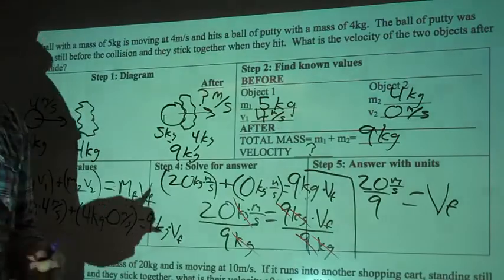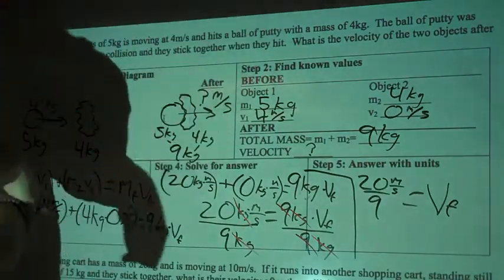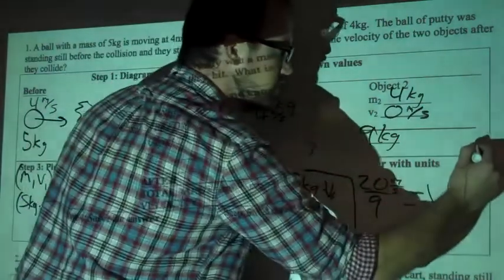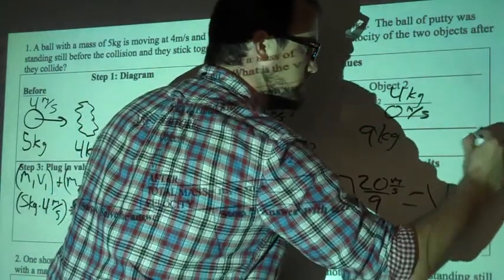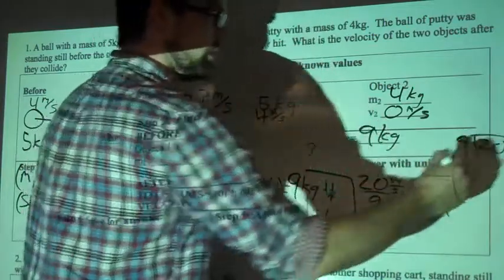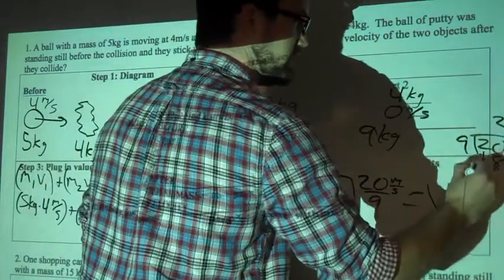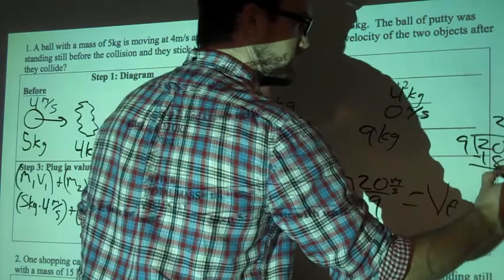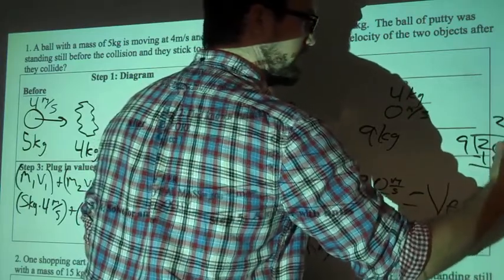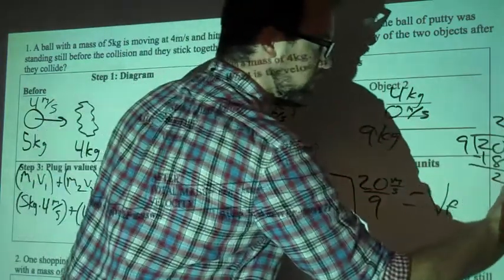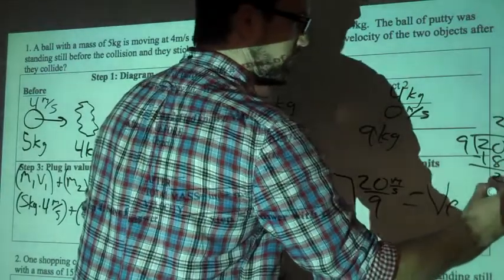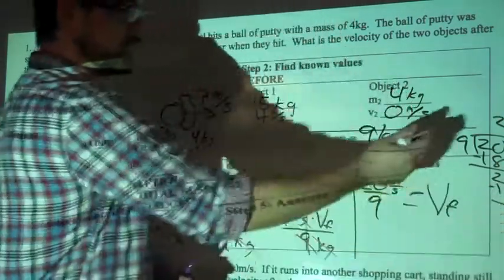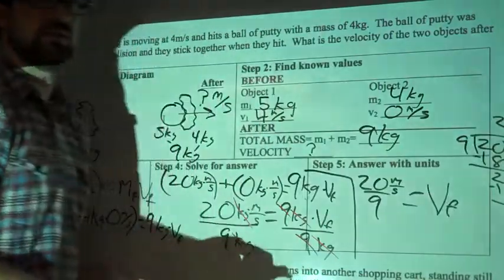Now we've just got to do our division. 9 goes into 20 2 times. I get 18. I get 2 again. If I add an extra 0 after that, I'll have 20. 9 goes into that 2 times. Guess what? It's going to go on forever and ever and ever. So I'm going to put 2.2 with a line over it.